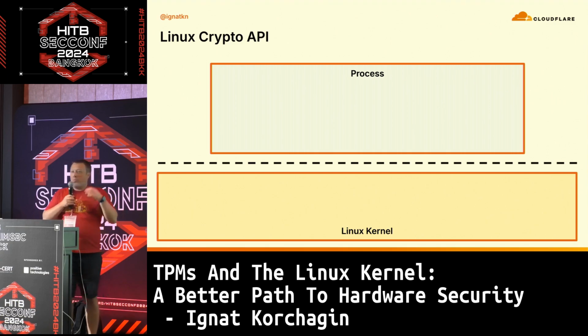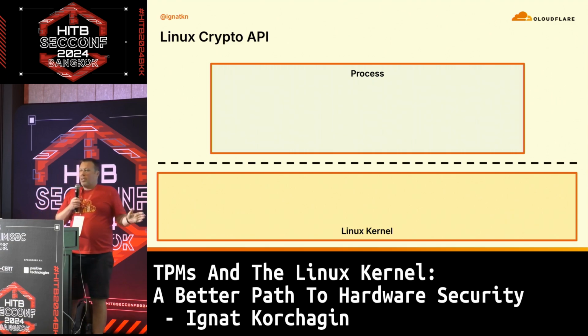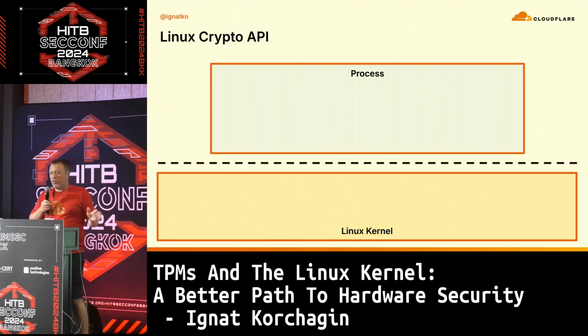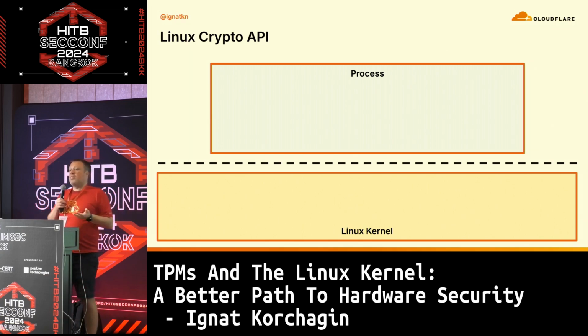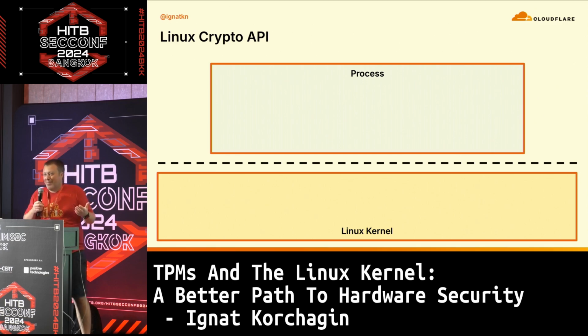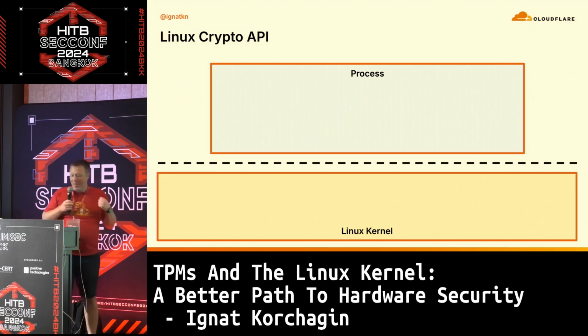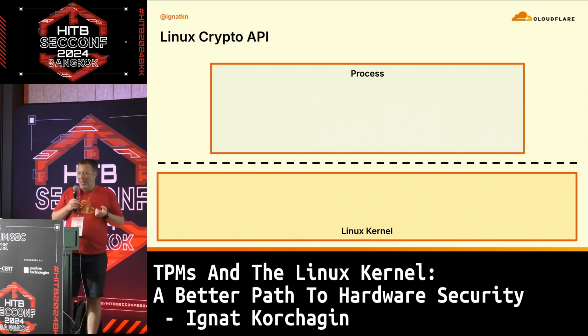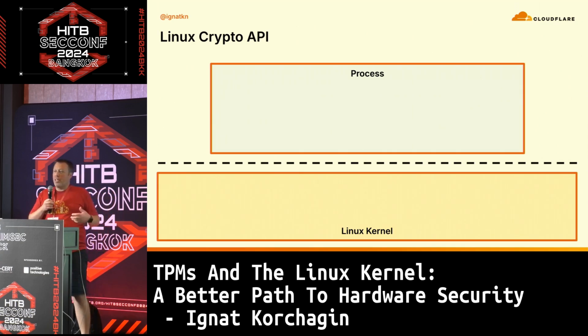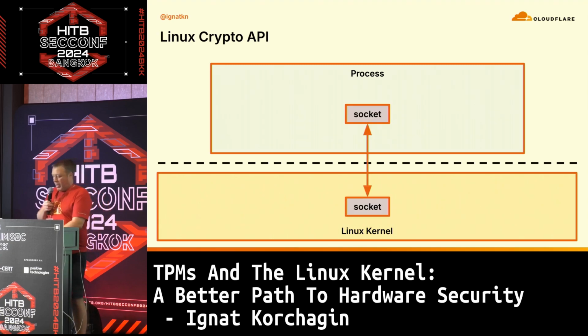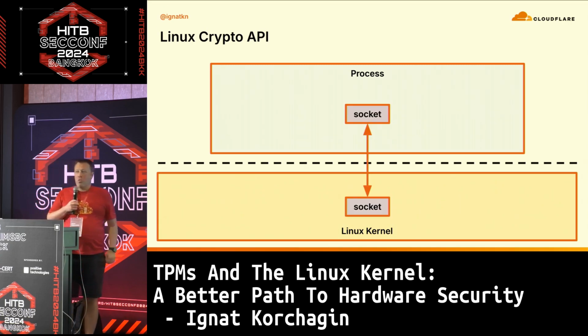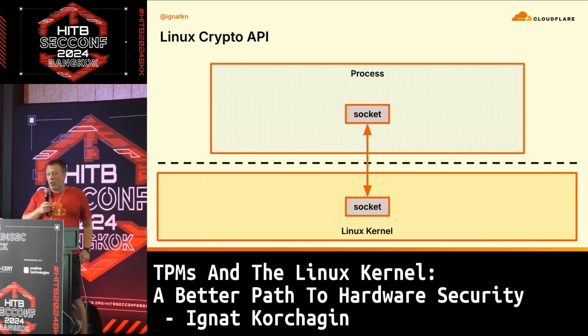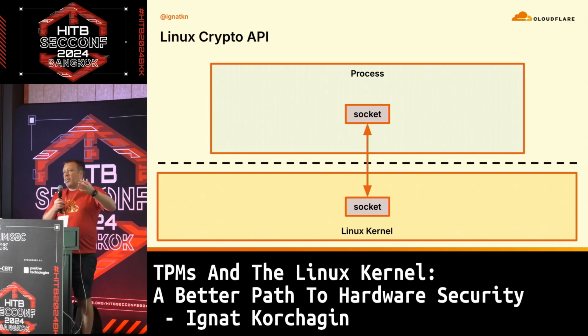Just to clarify, the Linux kernel key store and the Linux crypto API, although they sound similar, are totally different subsystems, unfortunately. In the Linux kernel crypto API, you can actually use the kernel as a crypto library. The way you do that is you create a special socket type called the crypto socket. But it's not like a networking socket. That socket only connects your application to the kernel.